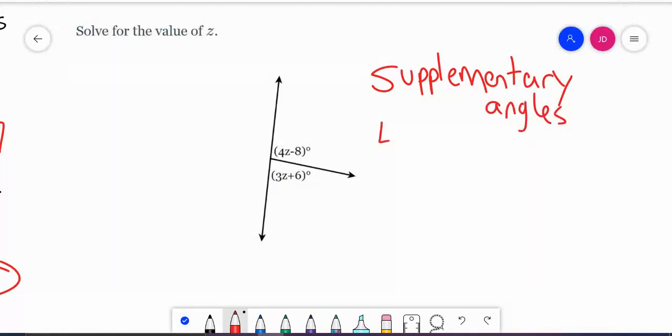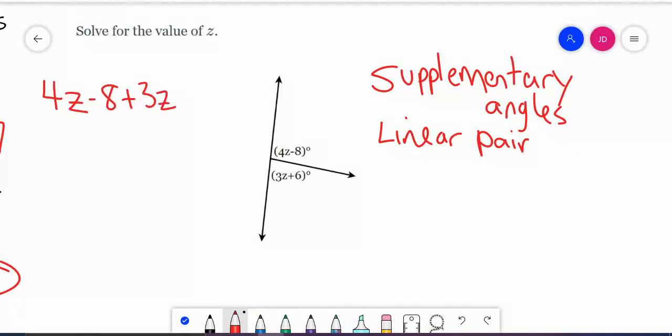Also known as a linear pair. What you do with these is you add them up to equal 180.